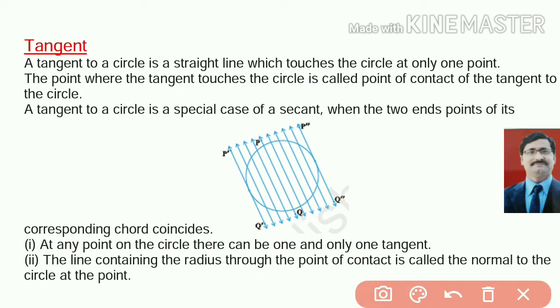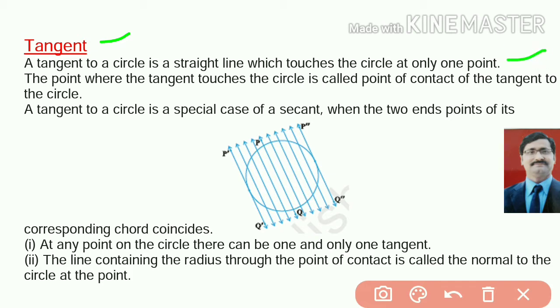Now we will do some more about the tangent. A tangent to a circle is a straight line which touches the circle at only one point.